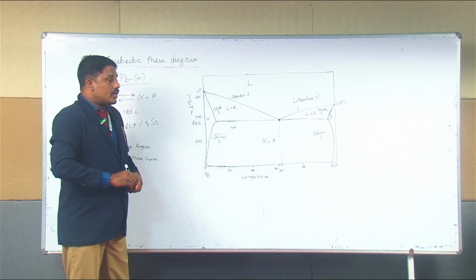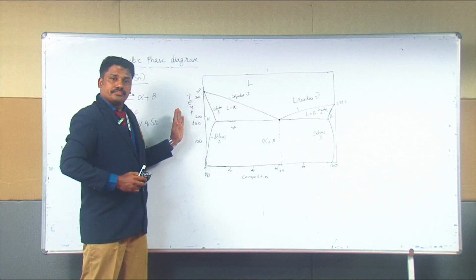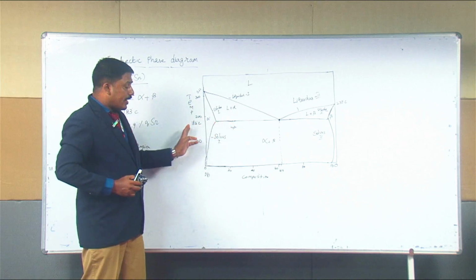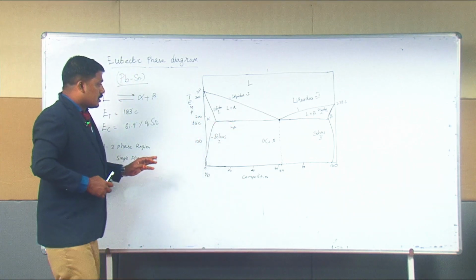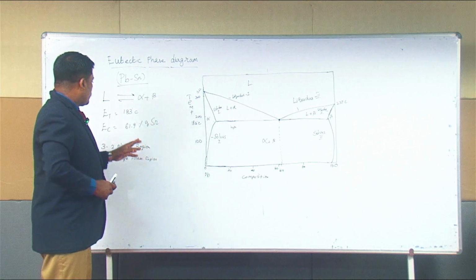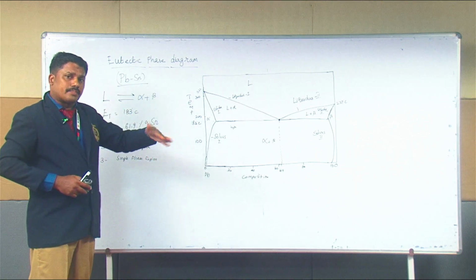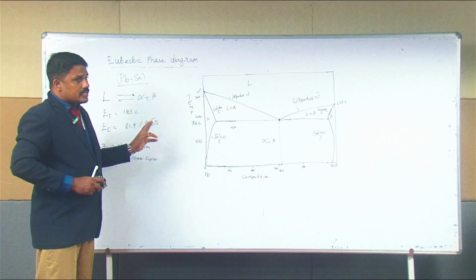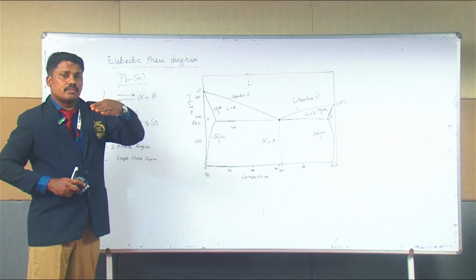Okay. Exactly 183 degrees Celsius is the specific temperature at which the eutectic reaction takes place. It varies from liquid to solid.